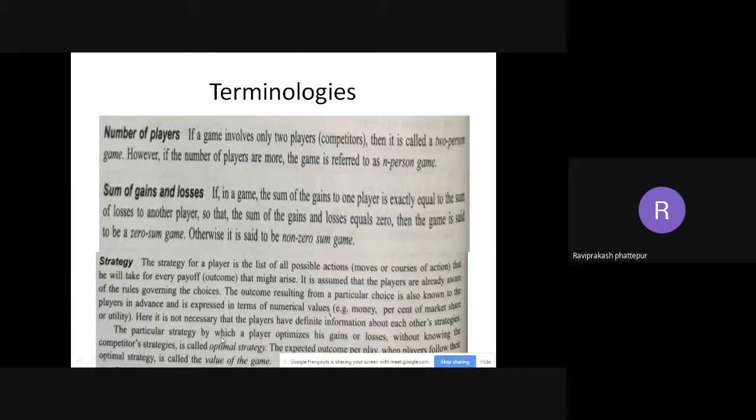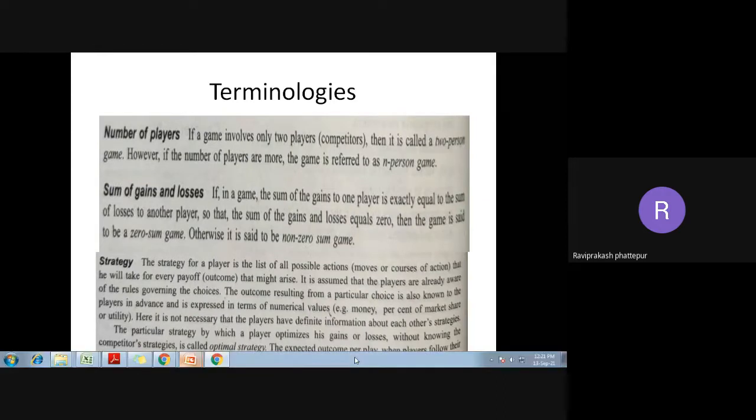The particular strategy by which a player optimizes his gains or losses without knowing the competitor's strategies is called the optimal strategy. That means a person or competitor is using a particular strategy without knowing what the other person is using. He will know all the different strategies, but which strategy is being used, he doesn't know. At that particular time, that strategy is called the optimal strategy.